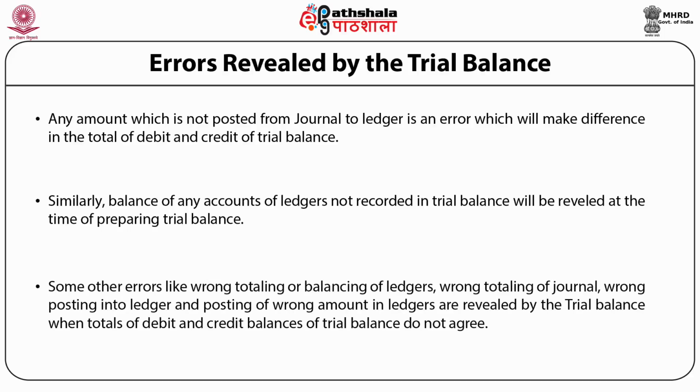Some other errors like wrong totaling, wrong balancing of ledgers, wrong totaling of journal, wrong posting into ledger and posting of wrong amount in ledger are revealed by the trial balance when the total of debit and credit balances of the trial balance do not agree.